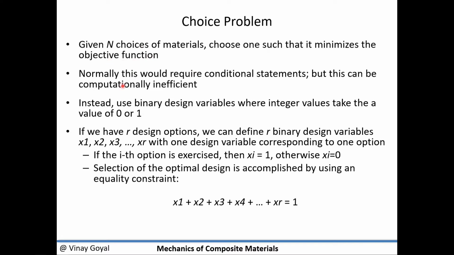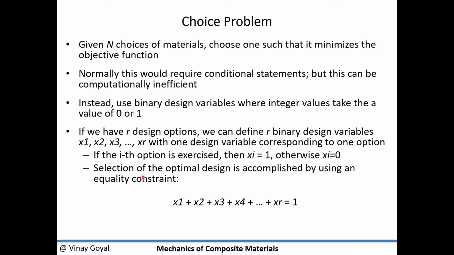Normally, this will require conditional statements, but this will be very inefficient. Instead, we're going to use the idea of binary design variables, where integer values take the value of 0 or 1. So say we have R design options. We can define our binary design variables, x1, x2 through xr, with one design variable corresponding to one option. If I select the ith option, then xi is 1, and otherwise it will be 0.